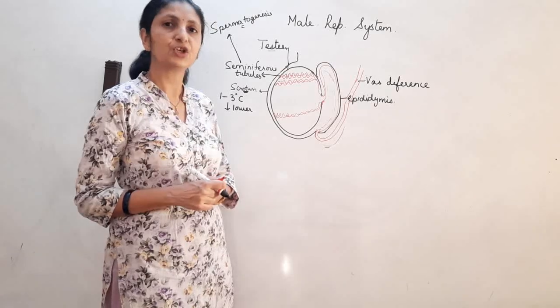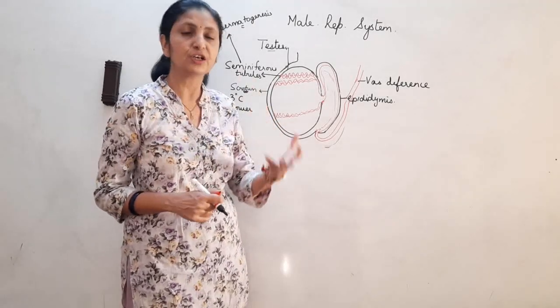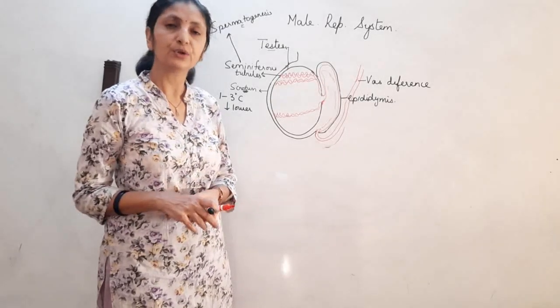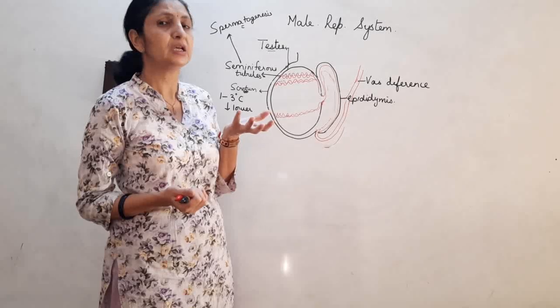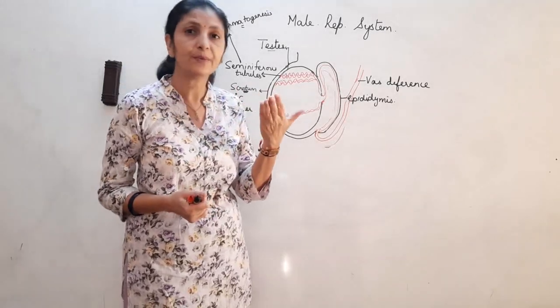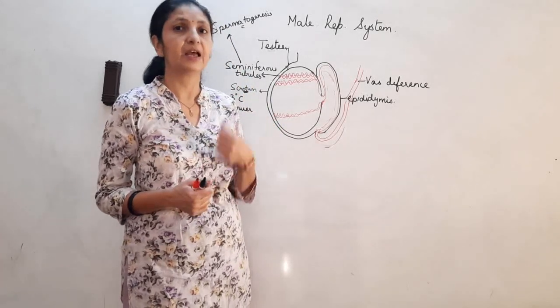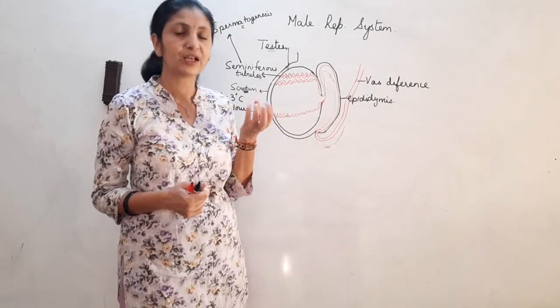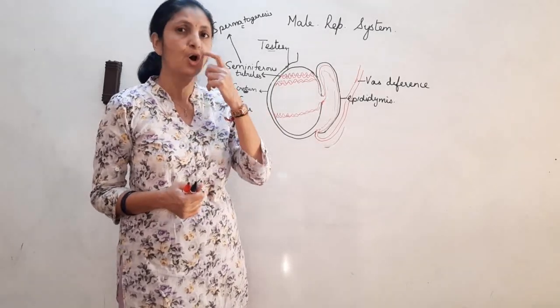This low temperature is required for the formation and maturity of sperms. Maturity of sperms is proper only when the temperature is lower, and that low temperature is provided by the scrotum. You know humans are warm blooded, so the internal body temperature is maintained constant by the blood. So these are located outside to get a lower temperature for the formation and maturity specifically of sperms.